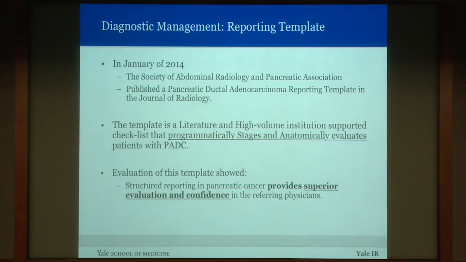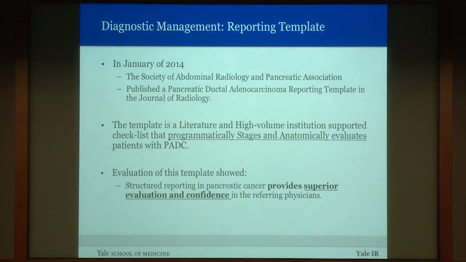So in terms of reporting this, so in terms of having the same language, the most recent template for pancreatic adenocarcinoma for the multidisciplinary committee was set in January 2014 by the Society of Abdominal Imaging, and it essentially outlined a template, supported by literature and high-volume institutions, that programmatically stages and anatomically evaluates patients with pancreatic adenocarcinoma.